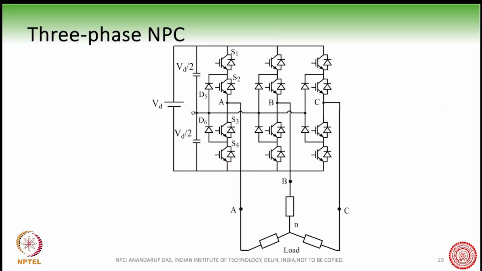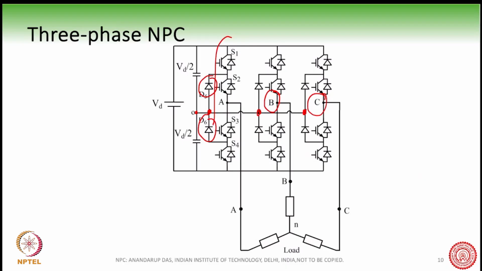Okay, here you can see this is phase A having two clamping diodes. Then you have phase B and you have phase C, which are identical. The middle points of these diodes are connected to the mid point of the DC bus. Okay, so this is how the converter looks like.